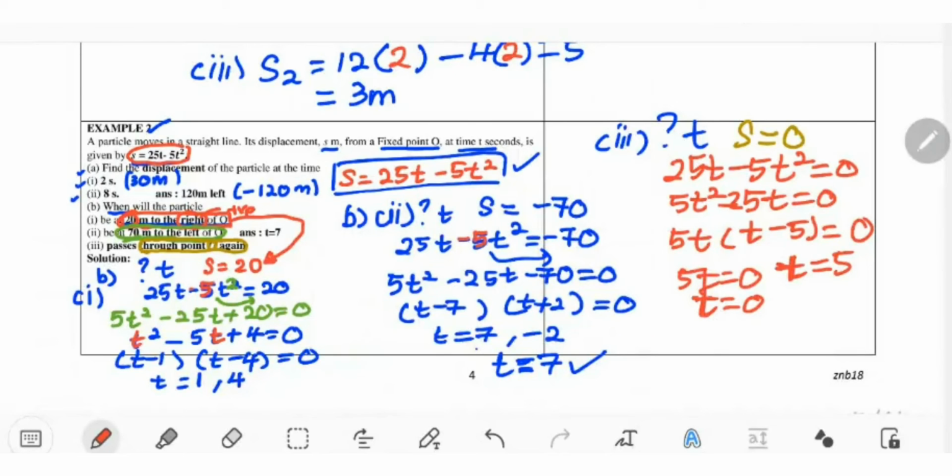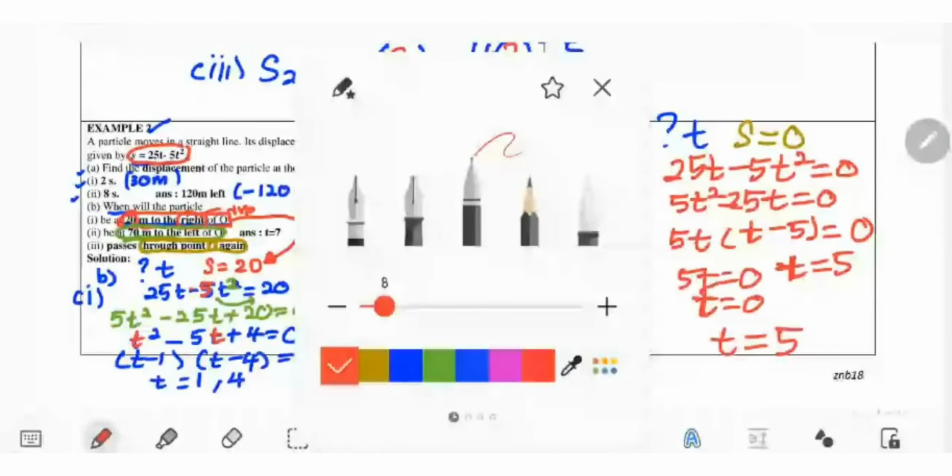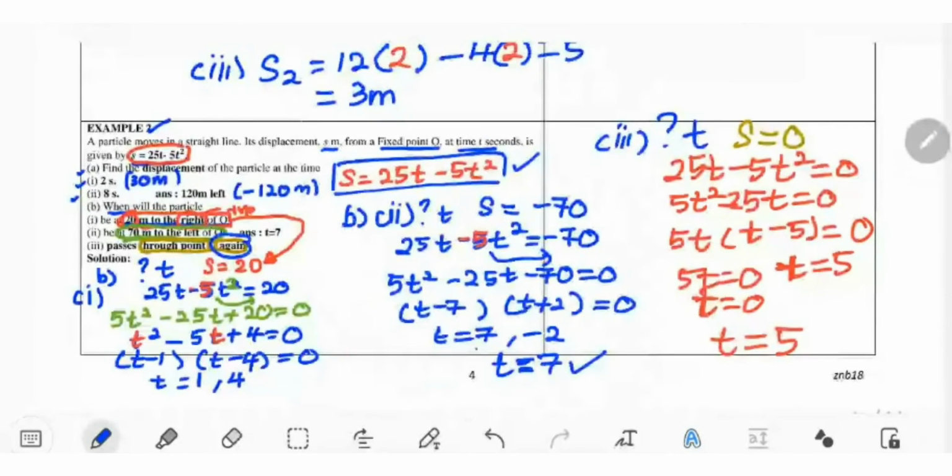Yes, t equals 5. Why is it t equals 5? Why cannot be t equals 0? Because it said again. Yes, T equals 0 is not accepted because of the word again in the question. T equals 0 is the beginning of the motion and not the time after the particle has started moving.